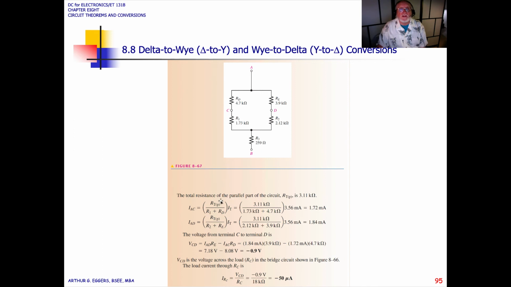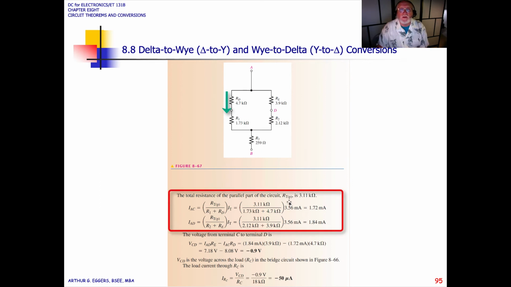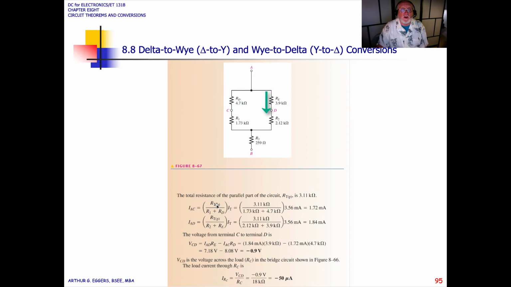Okay, so there's our circuit. The total resistance of the parallel part of the circuit, they identify as R total sub P, 3.11 k ohms, so that we can determine the current A to C and the current A to D, and that just becomes our current divider.